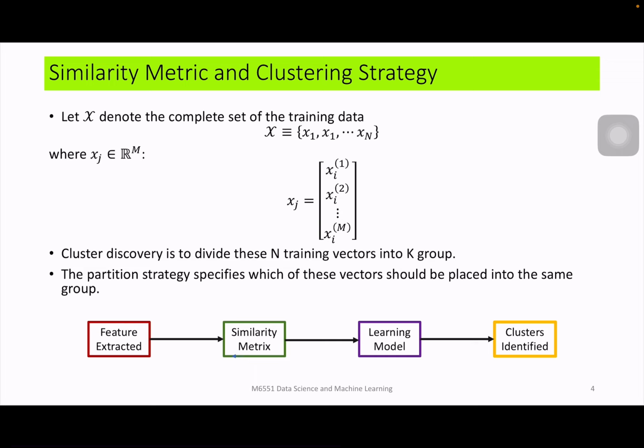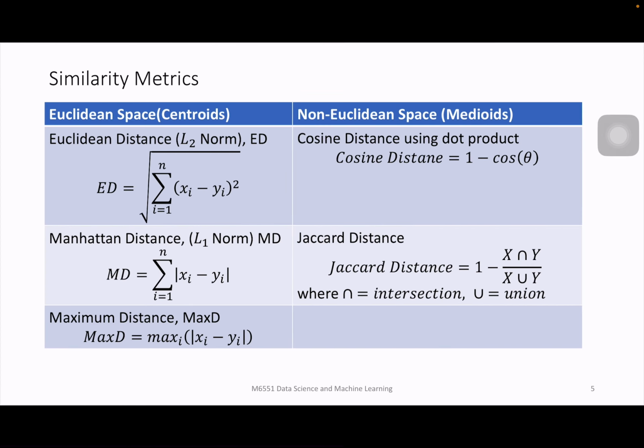The partition groups specify that these vectors should be placed into the same group: feature extracted, similarity metrics, learning model, and clusters identified. So for similarity metrics, in Euclidean space the center is a centroid, and in non-Euclidean space it is a medoid.